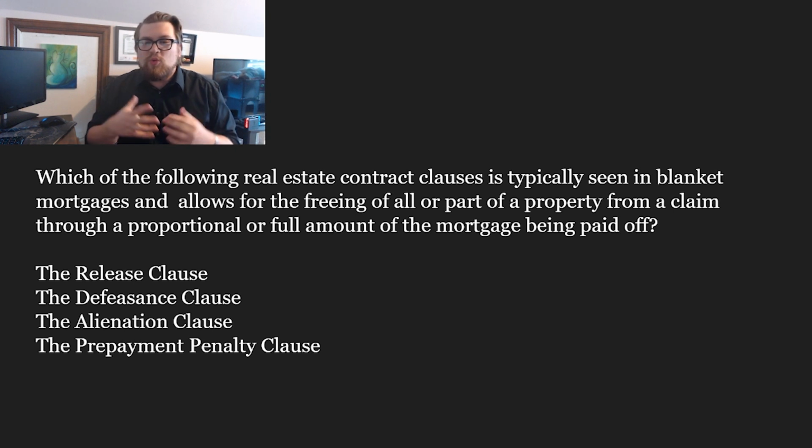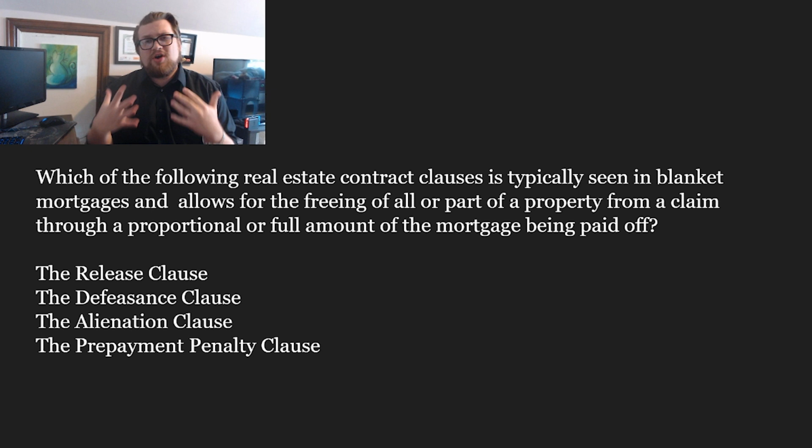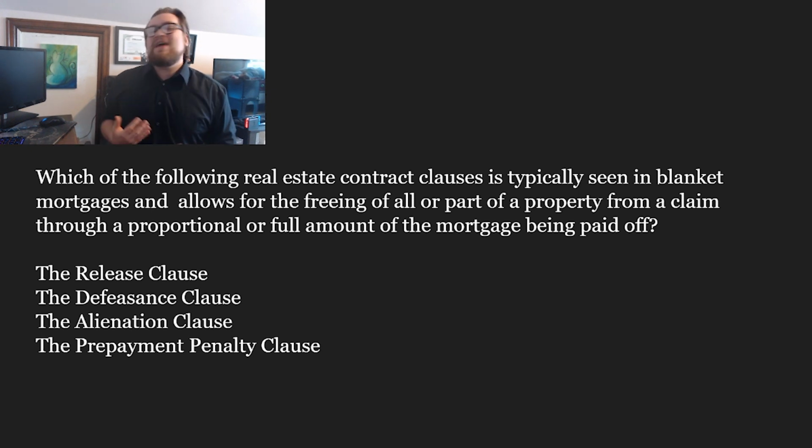So, which of the following real estate contract clauses is typically seen in blanket mortgages and allows for the freeing of all or part of a property from a claim through proportional or full amount of mortgage being paid? And that gives us 4 options. So as always, if you're new to this channel, we do questions all the time.